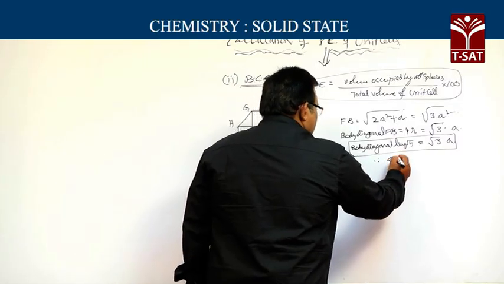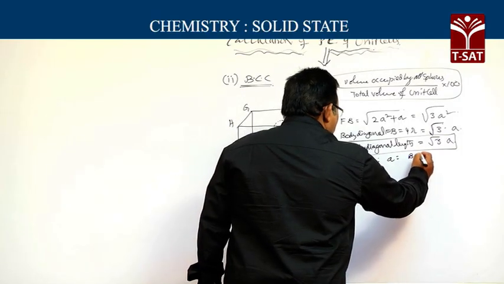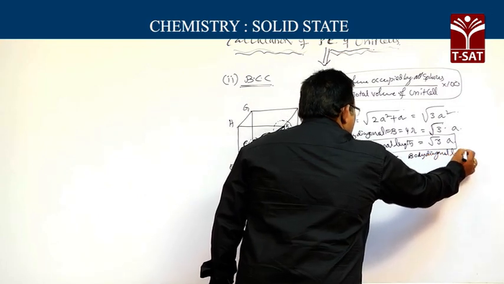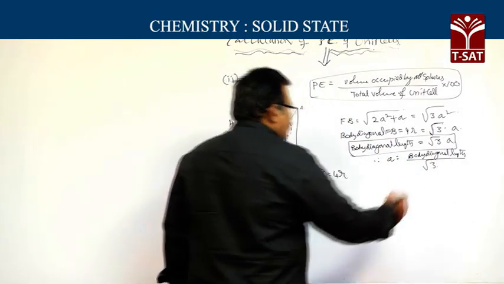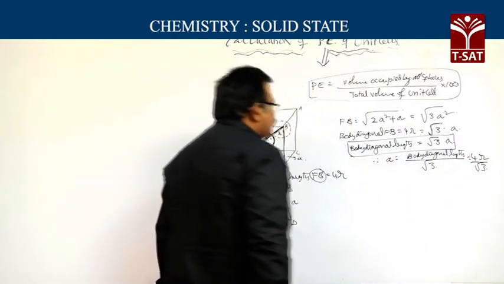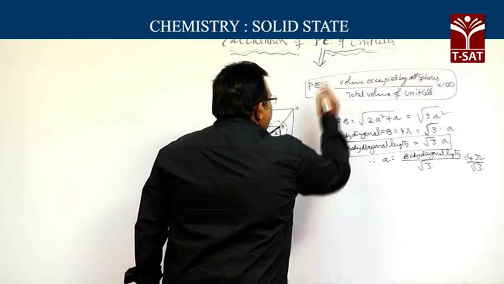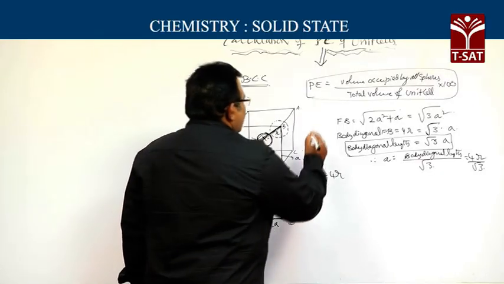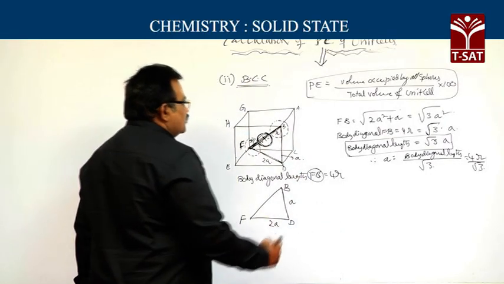Therefore, a is equal to body diagonal length by root 3, that is equal to 4r by root 3. We know in BCC crystal, number of atoms per unit cell is 2.